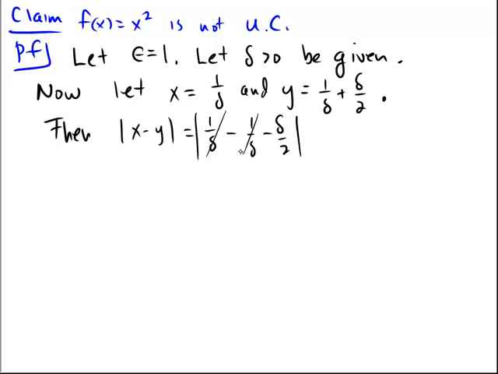Get some nice cancellation, and the absolute value of a negative object is just going to be delta over 2, but this certainly forces the distance between x and y to be less than delta.